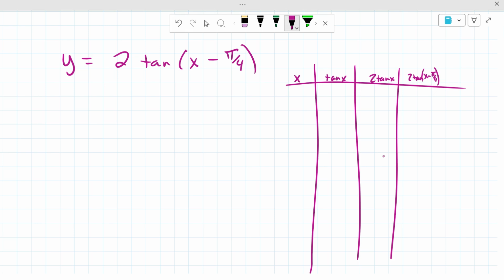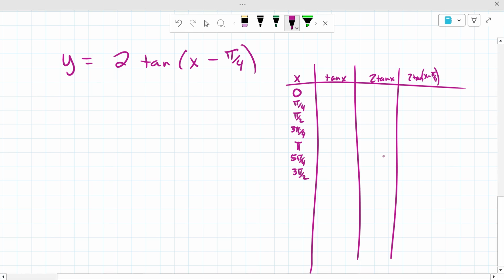So I start out with my normal tangent stuff. 0, pi over 4, pi over 2, 3 pi over 4, pi, 5 pi over 4, 3 pi over 2, 7 pi over 4, 2 pi.